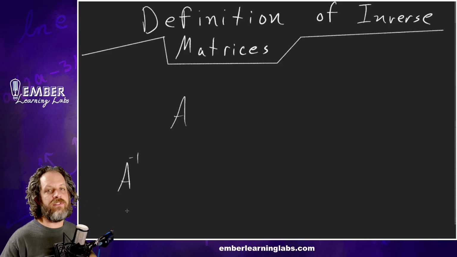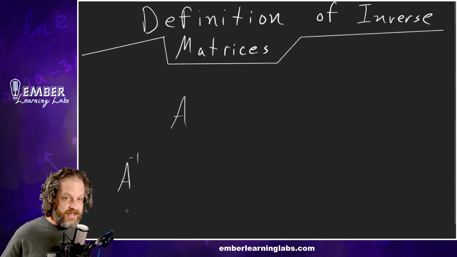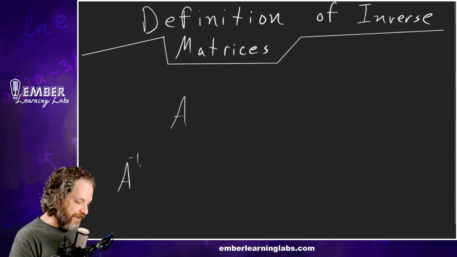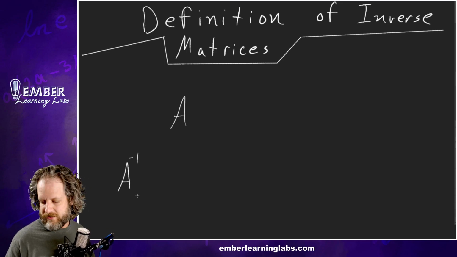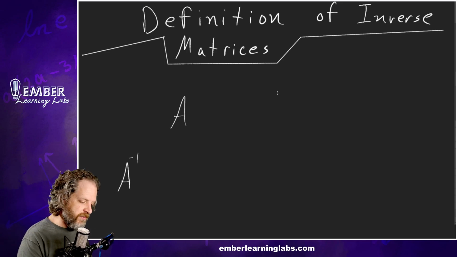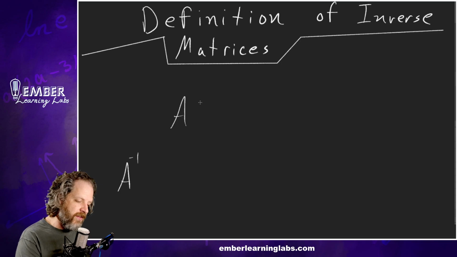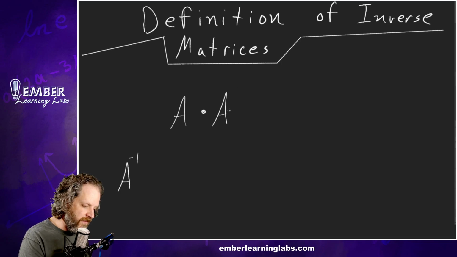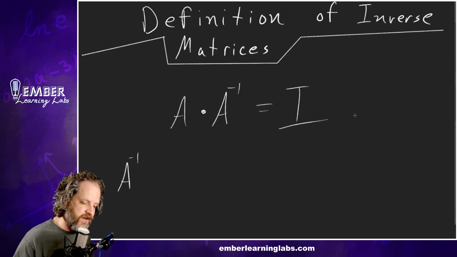In the context of matrices, this means inverse, not exponent. For this to be the inverse of A, if we multiply A times the inverse of A, we get the identity matrix.